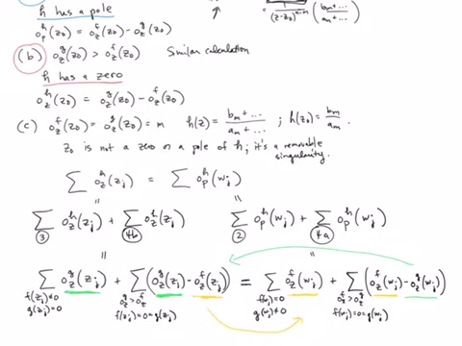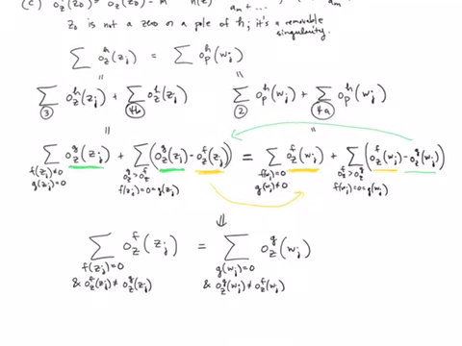And then for the zeros of f, we have the zeros of f where g is not 0, and then the zeros of f where the order of f is not equal to the order of g. So basically our sum for the green terms is over all of the zeros of g where the order of that 0 is not equal to the order of the 0 for f. And for the yellow terms, it's over all of the zeros of f where, again, the order of the 0 of f is not equal to the order of the 0 of g.